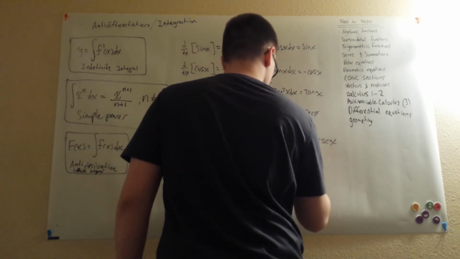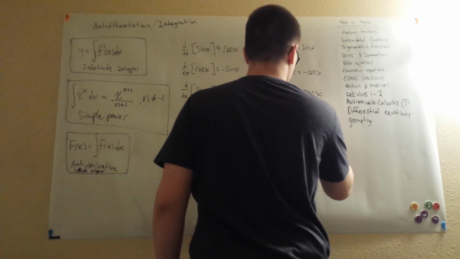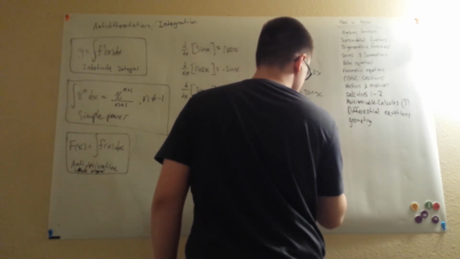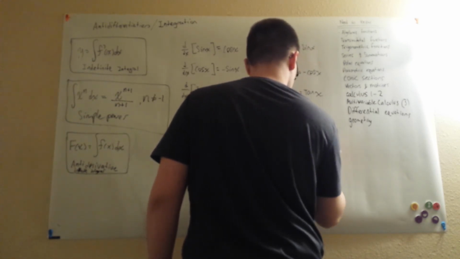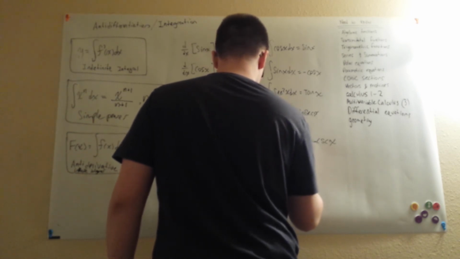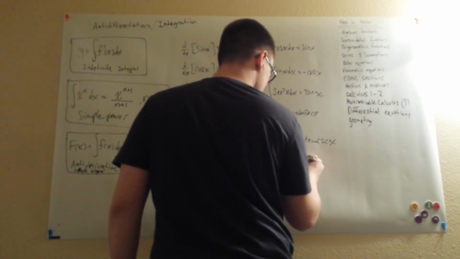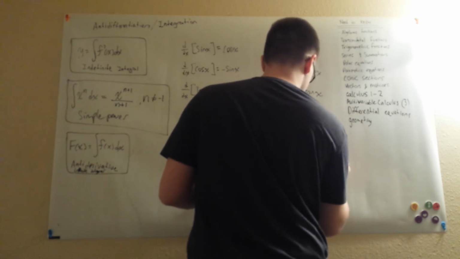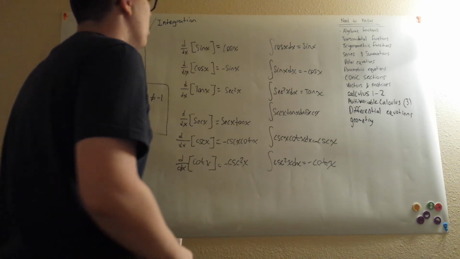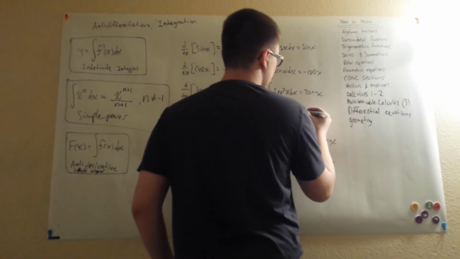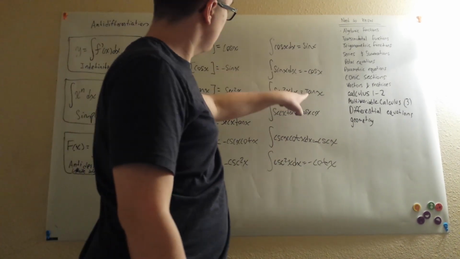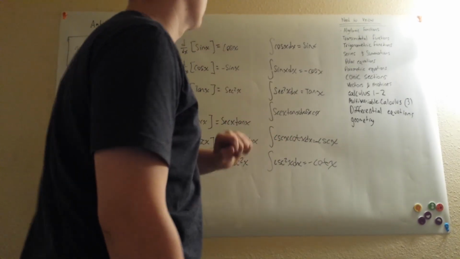The integral of cosecant squared x dx equals negative cotangent x. Sorry, I forgot the dx because I was rushing so fast, and sorry for the bad handwriting. That is not a negative; this is negative, that's negative, and that's negative.